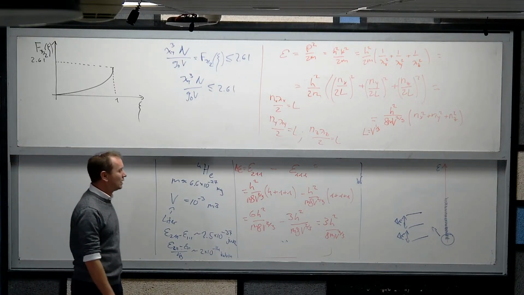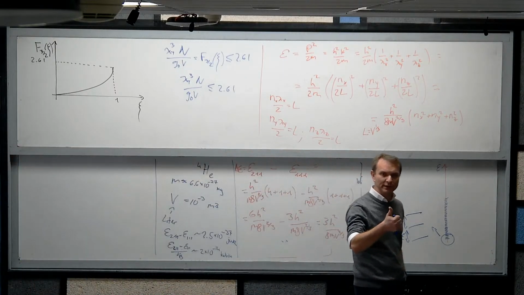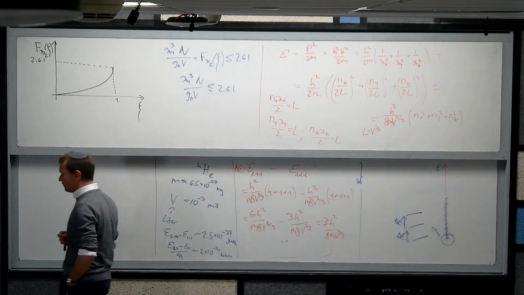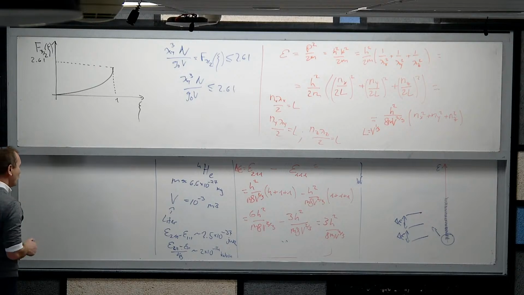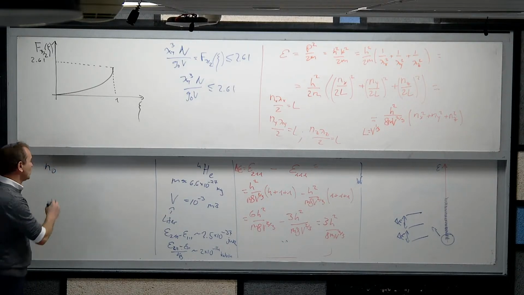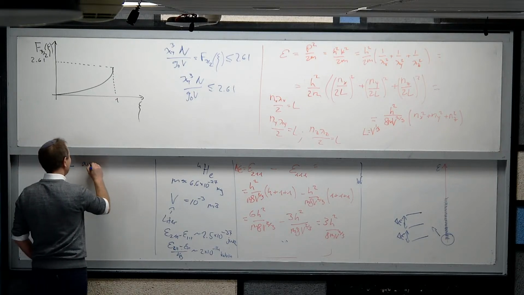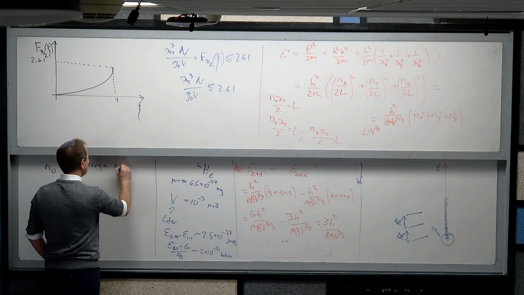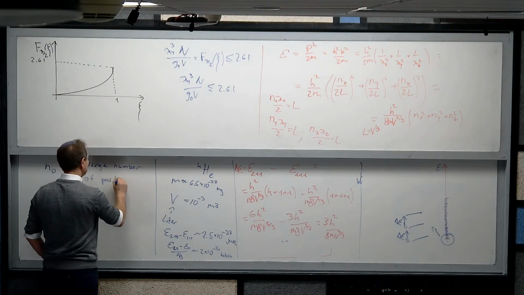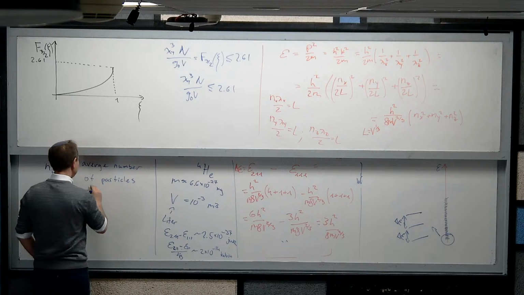So the discretization was fine, but maybe we omitted a very crucial point. Let's look at N0, which is the average number of particles at the ground state.